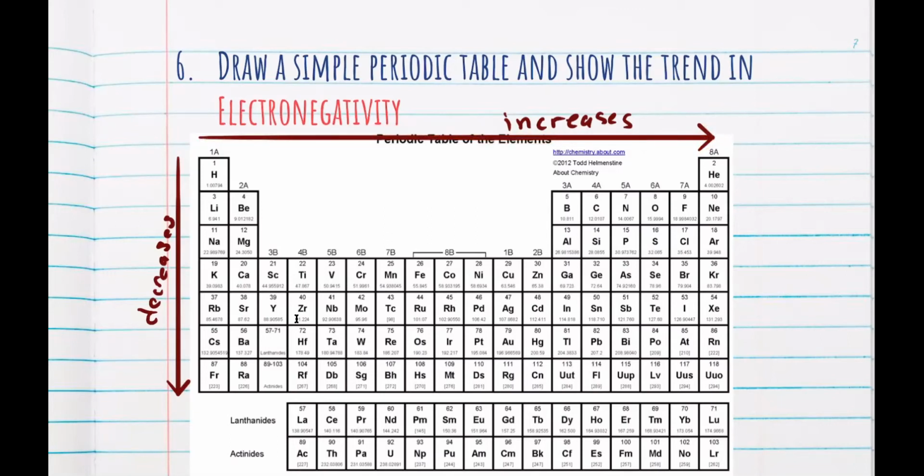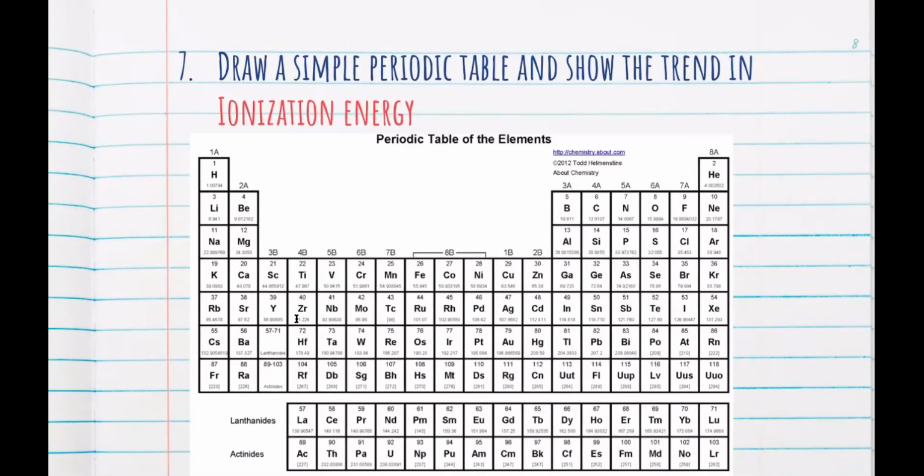Let's look at our next trend. So now we have to draw ionization energy. And this one, instead of moving down, we're going to move up the group. Our ionization energy increases. I'm not going to write sideways anymore. Increases. That says increases.